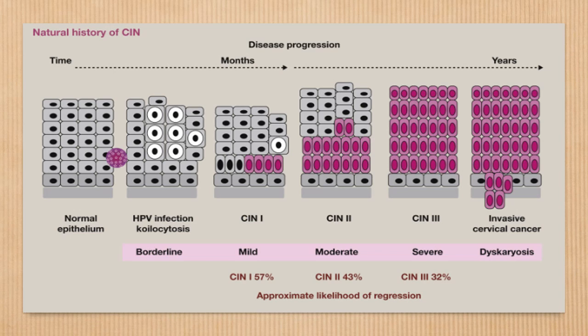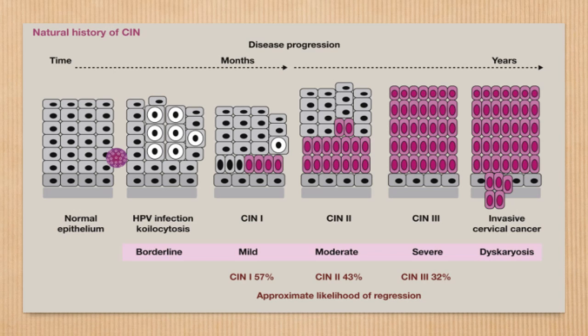So this is the normal stratified squamous epithelium. Here HPV virus inoculation can lead to borderline changes, and these are borderline changes. Koilocytosis.